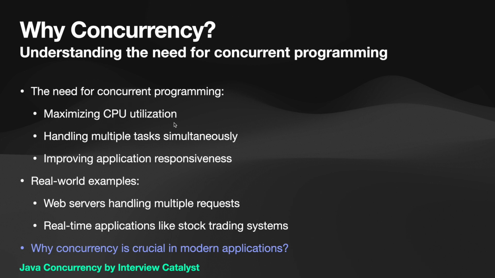So, concurrency is essential for improving performance, responsiveness, and scalability in modern applications. By leveraging concurrent programming, developers can create efficient and user friendly systems that cater to the demands of today's multi-core and distributed computing environments.